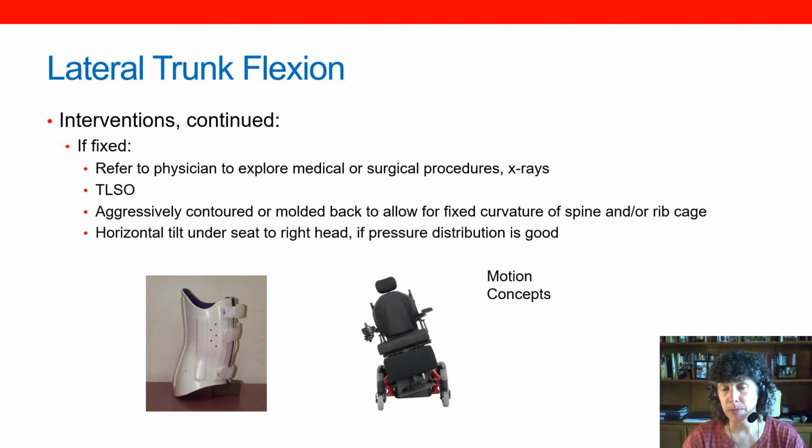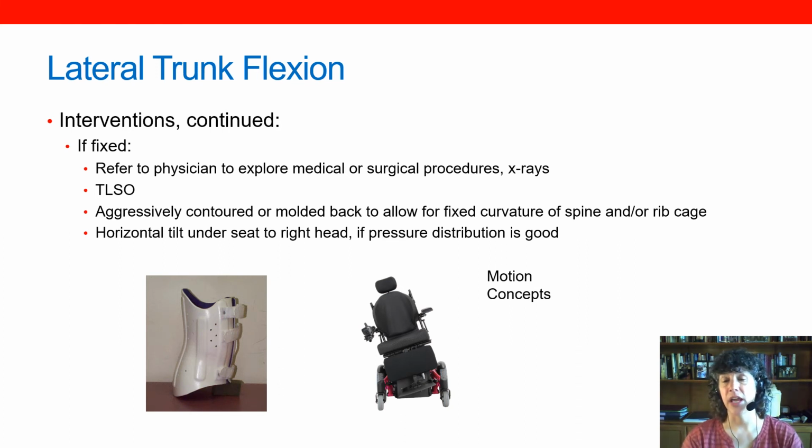Now, sometimes if someone has a very significant C curve, their head will be quite to the side. We can use even a lateral tilt, either a fixed or a power one, like this one from Motion Concepts, to find the right angle where the client is able to right their head, if at all possible. This is tricky.